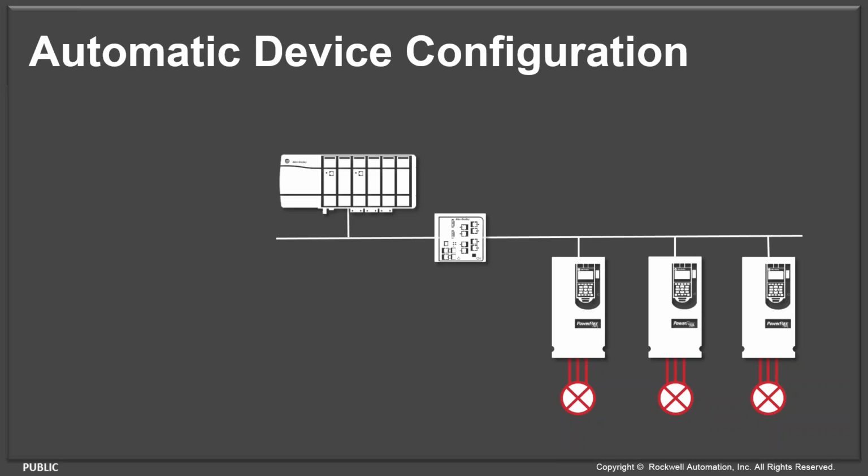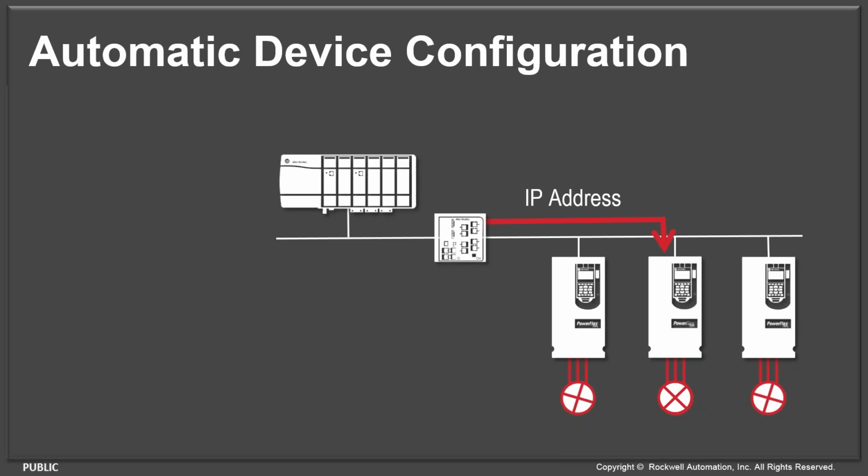Now in this slide, what you see is something we call automatic device configuration. With the automatic device configuration functionality, the faulted equipment can be replaced and quickly brought back into operation, into production. For example, we have a drive that was damaged here.